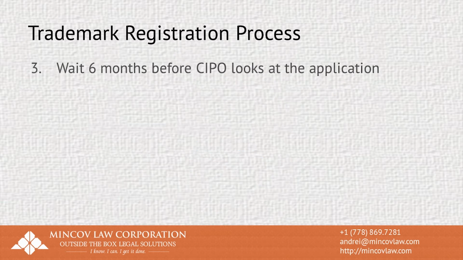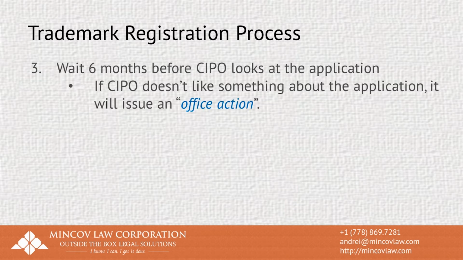Then, the application just sits in the Canadian Intellectual Property Office for about 6 months without anybody looking at it. When a trademark examiner finally looks at it in 6 months, in 70% of the cases, the examiner will find something they don't like in your application and will send you what is called an office action.